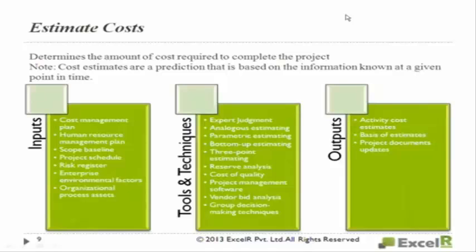So basically to do this, what inputs do you require? You require cost management plan. You require human resource management plan. Human resource management plan is required because in it you'll have the staff rates per hour. What is the rate? For a .NET developer per hour $80.